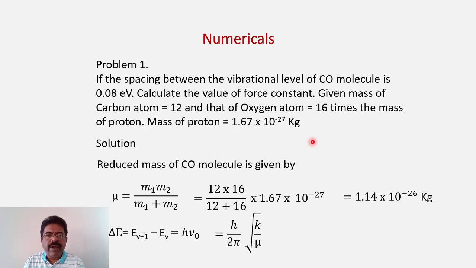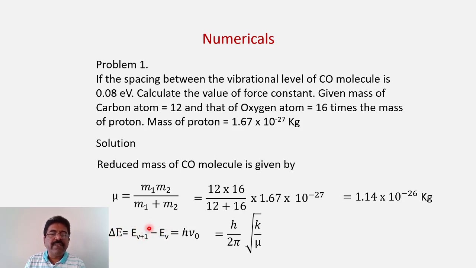So this is the reduced mass of the carbon monoxide molecule. Now we want to find the force constant. For that we will have to use this formula. Now you know that if you assume a transition between two vibrational levels of the carbon monoxide molecule, then the energy difference delta E will be the energy difference of the two levels.